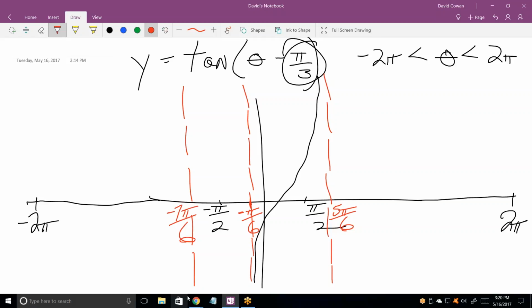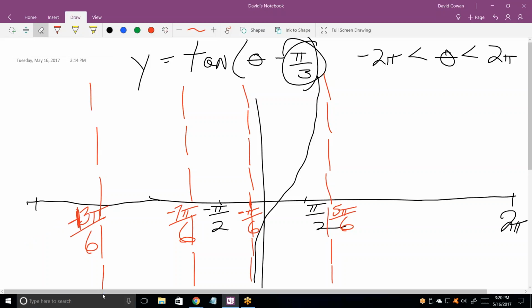If I go over one more period, that's negative 13 pi over 6. Erase that because that no longer is appropriate. Okay, and now let's go to the right.